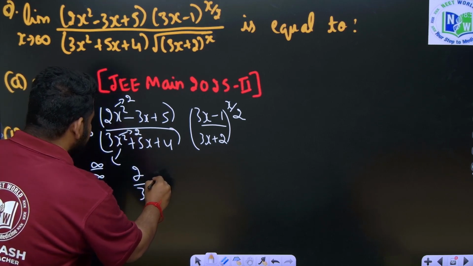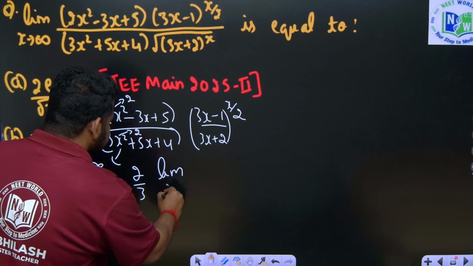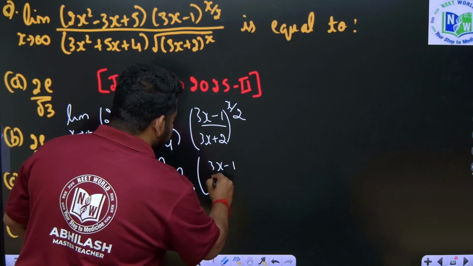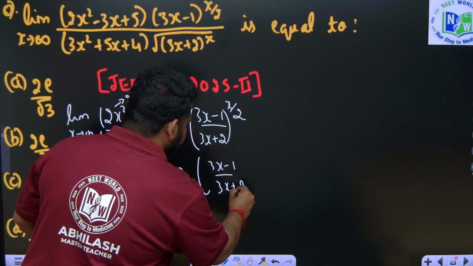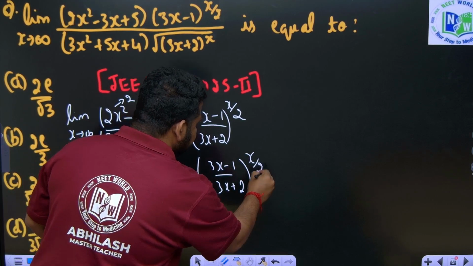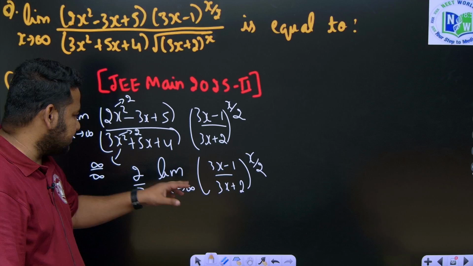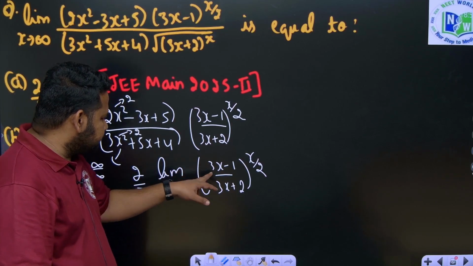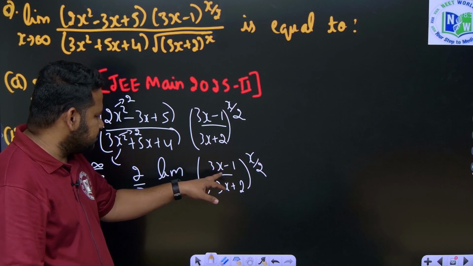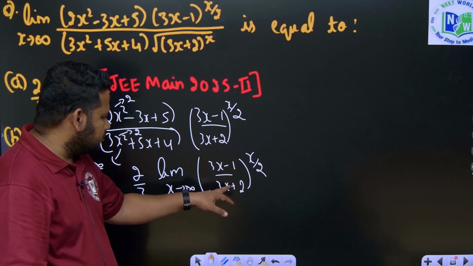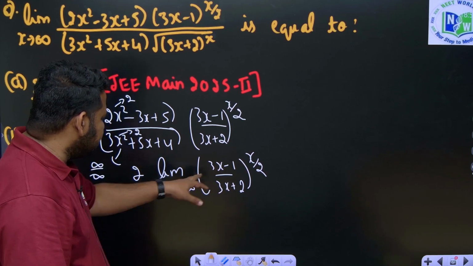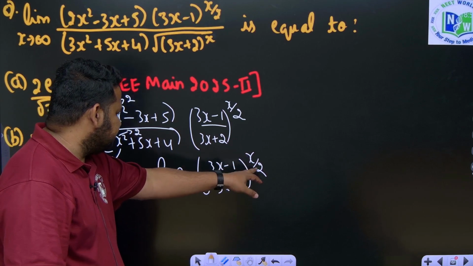2 by 3 I will take outside. This will be limit as x tends to infinity of ((3x − 1)/(3x + 2)) to the power of x by 2. Now let us look at this. This will be 3 into infinity minus 1 by 3 into infinity plus 2, to the power of infinity by 2.